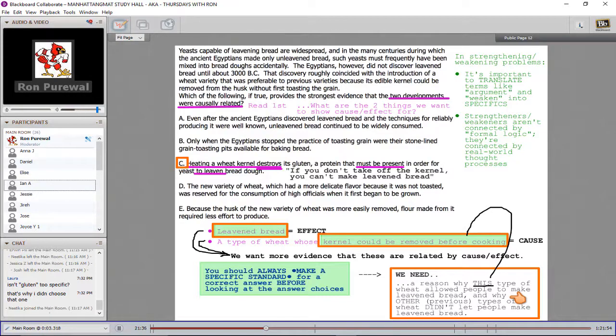There has to be some reason why other varieties of wheat didn't let you make this kind of bread. And if you think about it, whatever that reason is, it has to be really specific. All the reasons for stuff like this are always going to be specific.